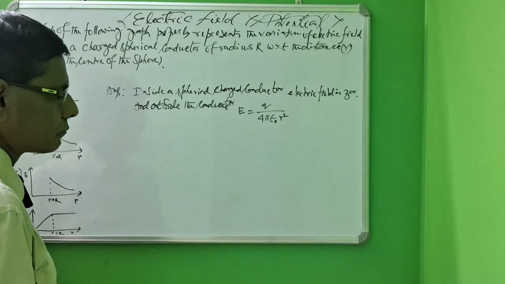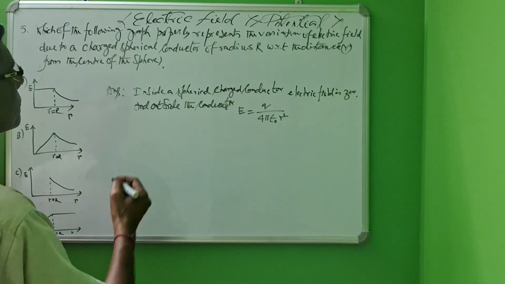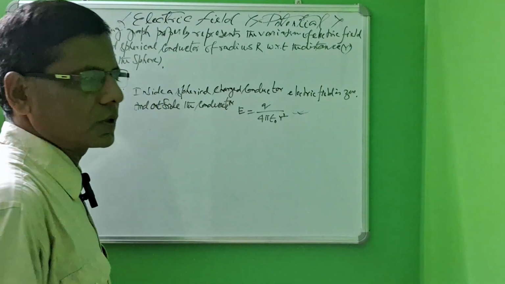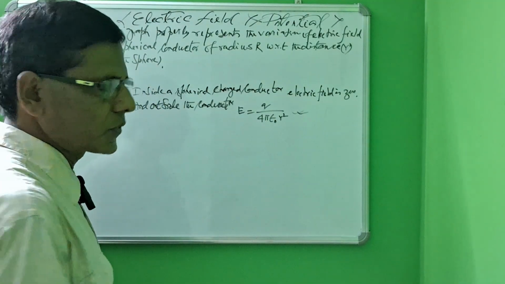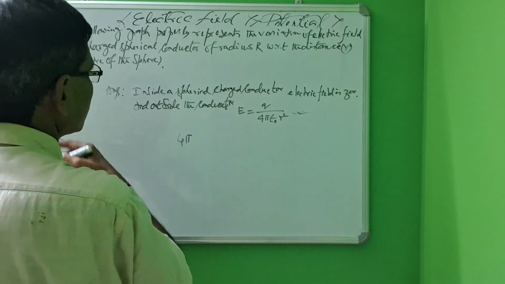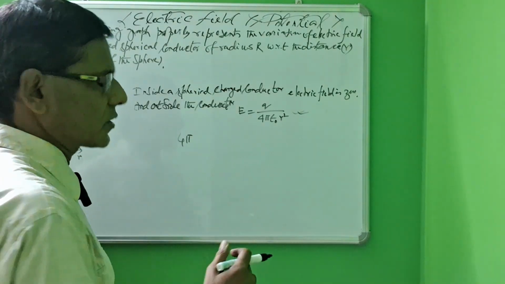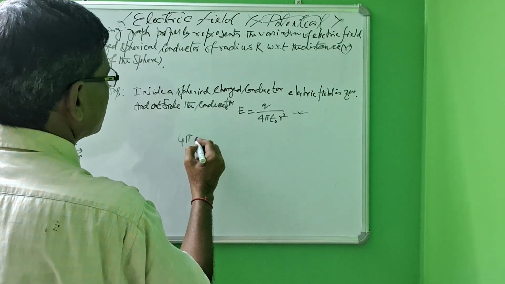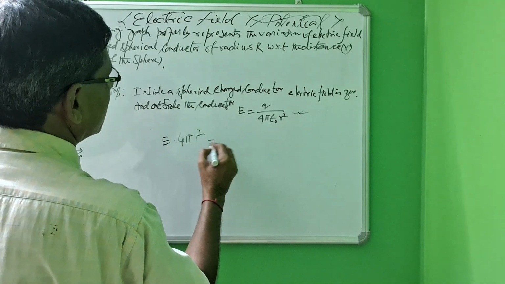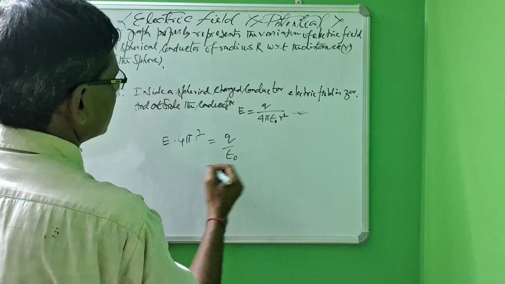Because this one is obtained by Gauss concept. How? Taking a spherical surface, we get E times 4 pi r square equals q upon epsilon naught.